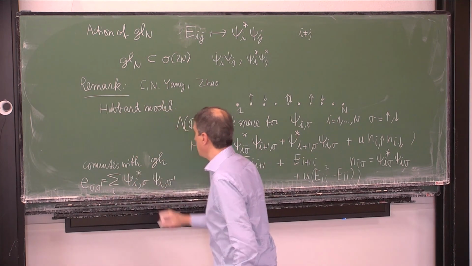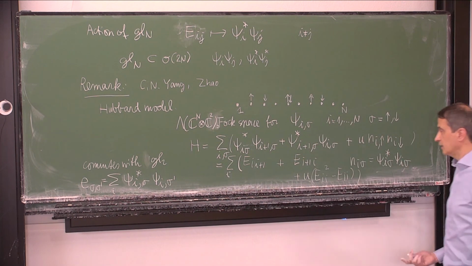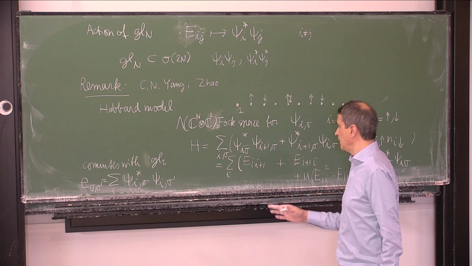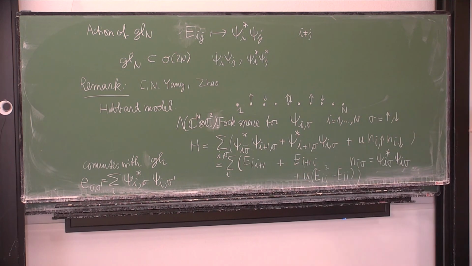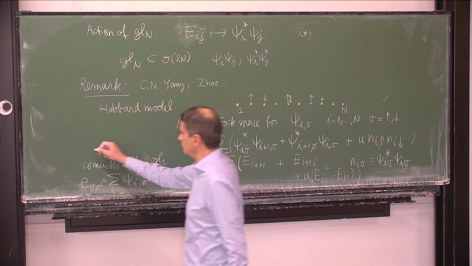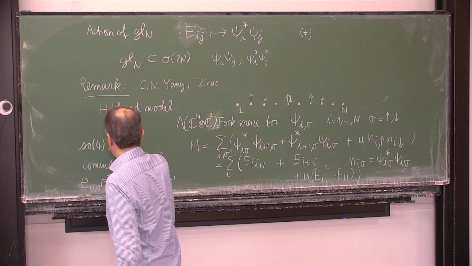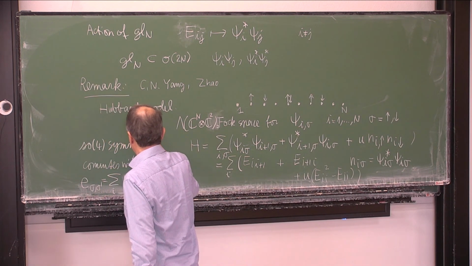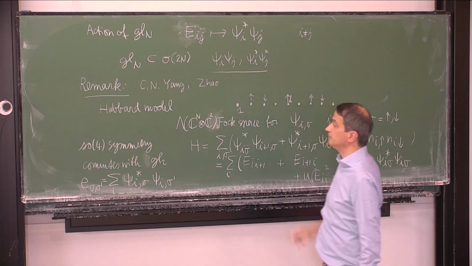But actually it really commutes with a bigger group, and this is because of this difference. So you really have an SO4. You can also take some linear combinations of these.